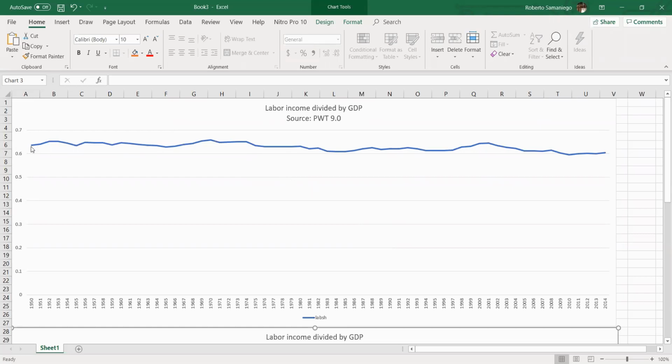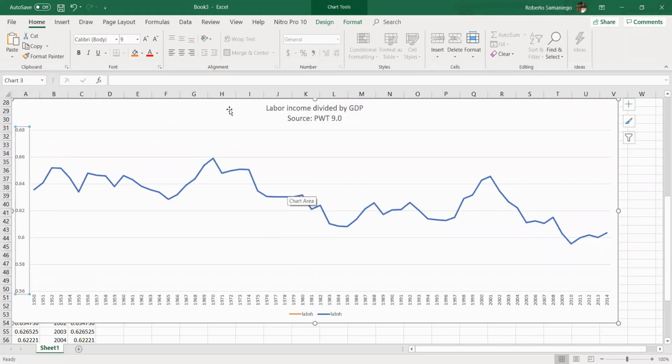And the stylized fact that we're going to use is that this share does not have any trends either. Now, if you look more closely at this, you will see that there does kind of seem to be a trend here, even if it's a gentle trend from around 0.64 to 0.6, but still that's something, even if it's gradual and took 64 years or so.